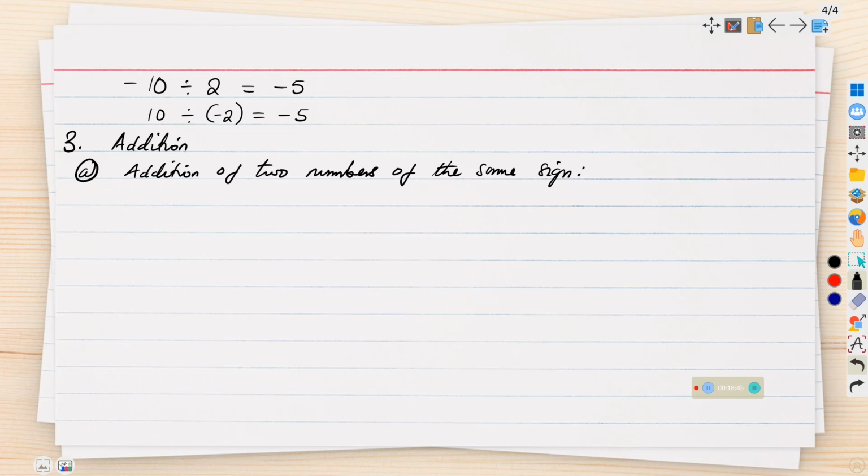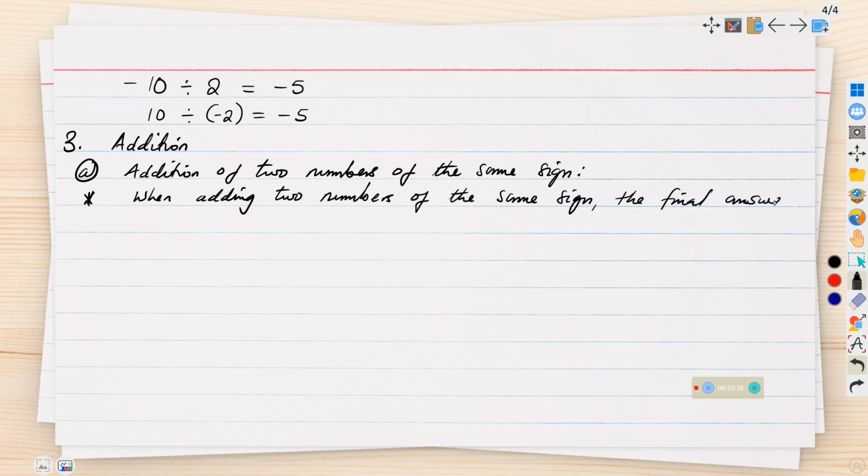Okay, so the rule is that when adding two numbers of the same sign, comma, the final answer will always have the sign of the two numbers.